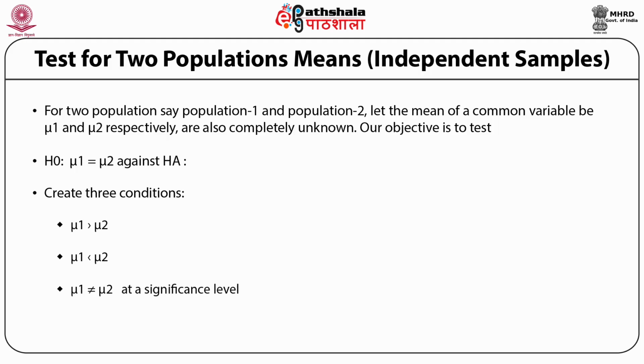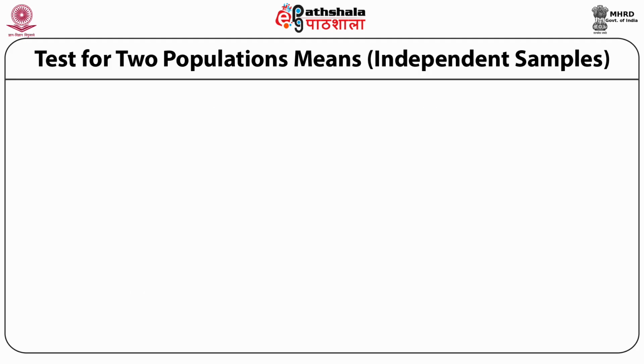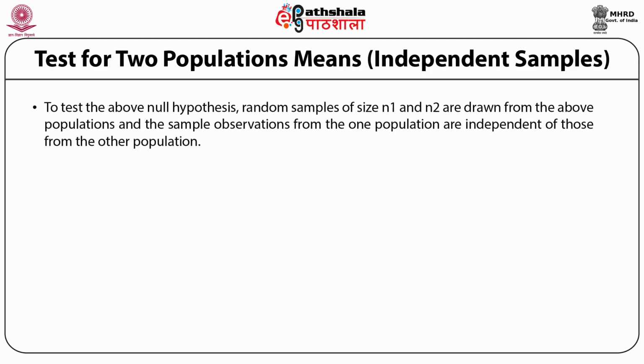So in this slide you have seen how we have created a hypothesis of the means for a two population t-test. To test the above null hypothesis, random samples of size n1 and n2 are drawn from the above populations, and the sample observations from one population are independent of those of the other population.